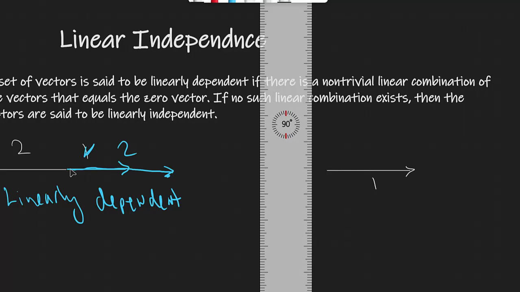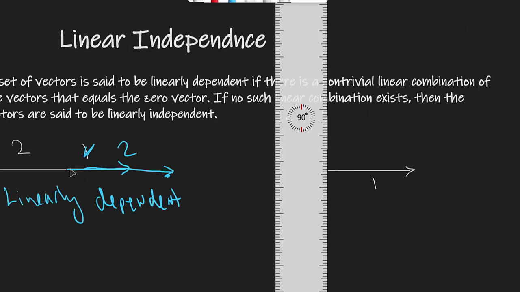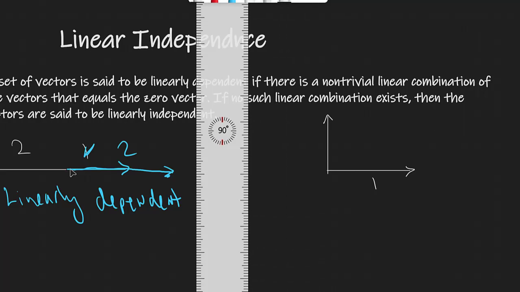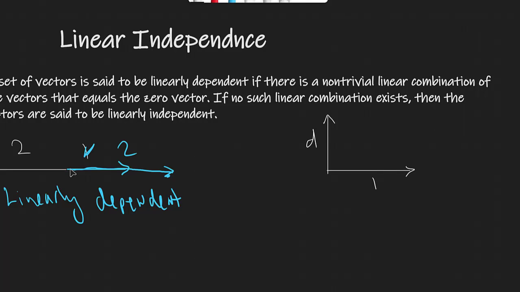So let's make that angle 90, and let's put that one over here, and it has another length, let's just call that D. There is no combination that I can have that will make the sum of those 2 vectors equal to 0, and this means that the vector D and the vector L are linearly independent.